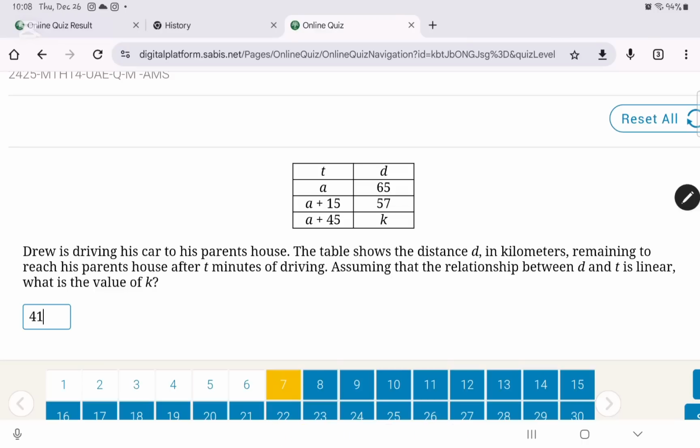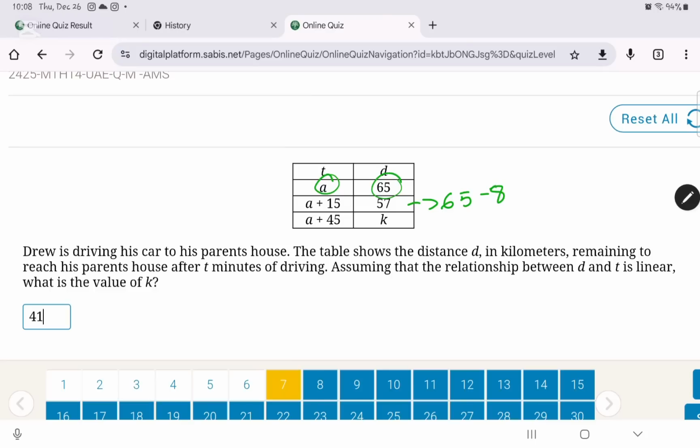Okay, so in other terms, what I'm trying to say is that the change in time, okay, so A is the fixed time, and D is the fixed distance. But then, as you go through, there is a change in time and a change in distance. Here, the change in distance is minus 8, so this is 65 minus 8.